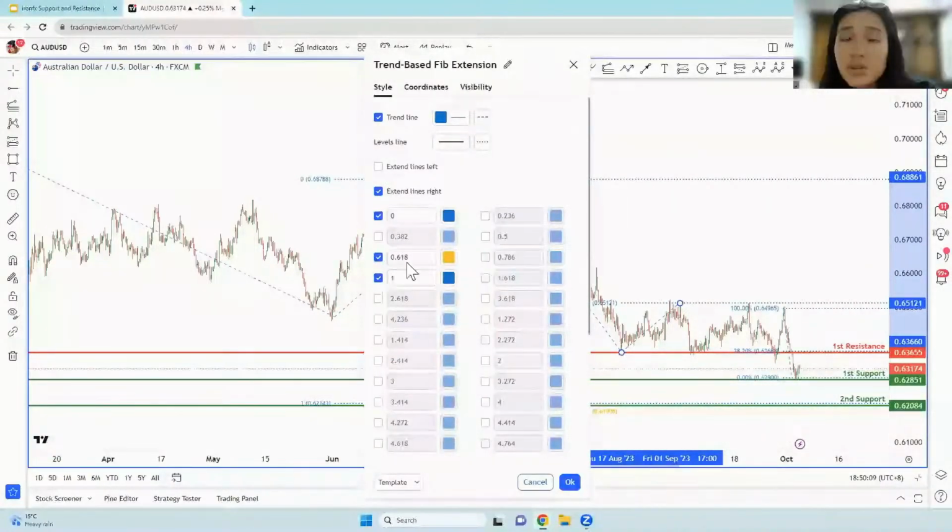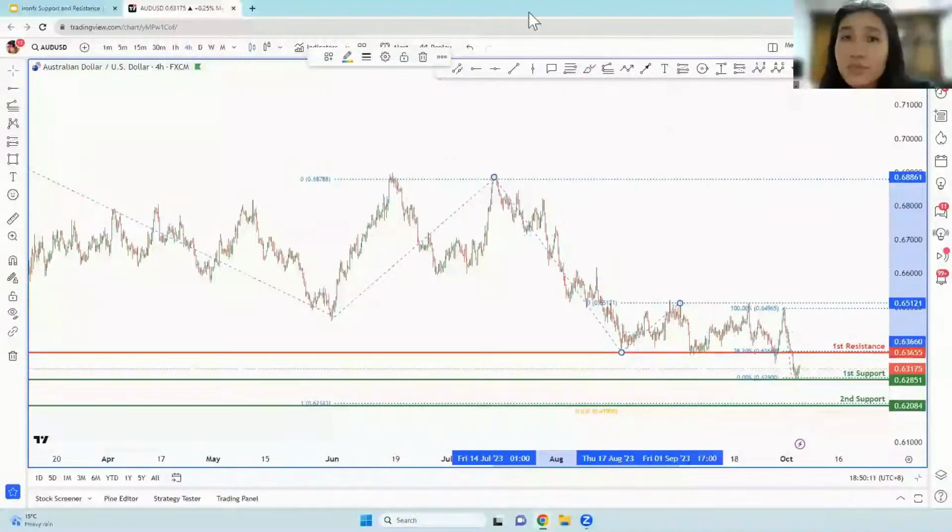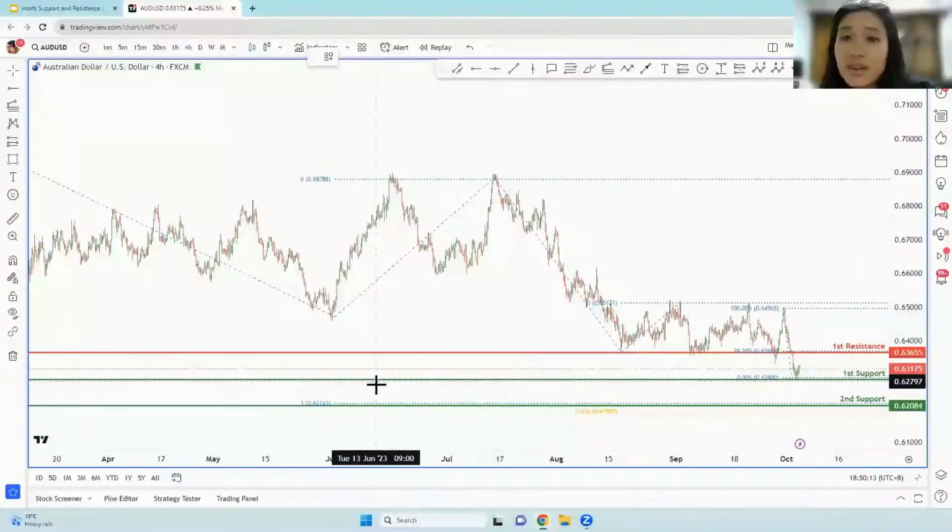My 61.8 also lines up with my second support. So you can see here I have a confluence area.